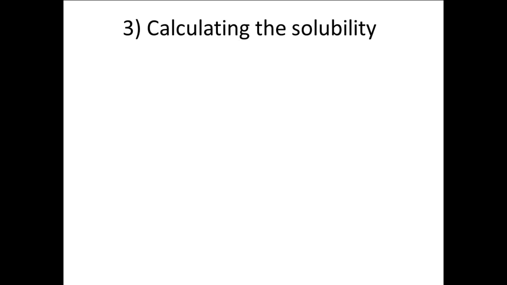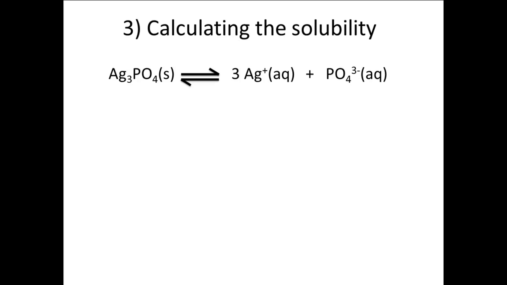Calculating the solubility. Now that we have the equilibrium reaction and the KSP expression, we can proceed to calculating the solubility of the silver phosphate. Since we do not know what the concentration of the solution will be, let's call it X. X, silver phosphate, dissolves.